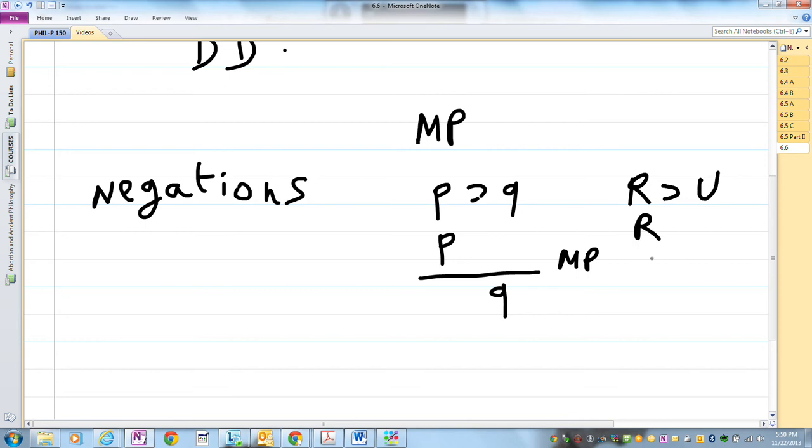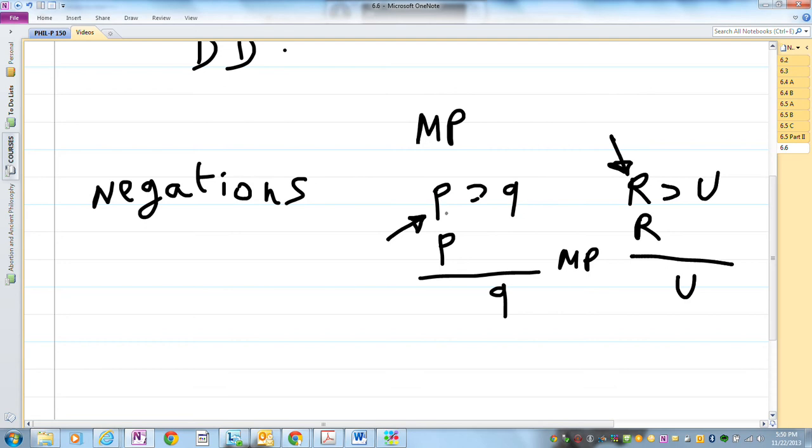It rains, therefore I'll bring my umbrella. So notice that here I use the capital letters of the English alphabet, but here I use the lowercase letters. It's a lowercase p, lowercase q, again lowercase p, and then q. This means that we're using these lowercase letters as variables for the formulae of our symbolic language.